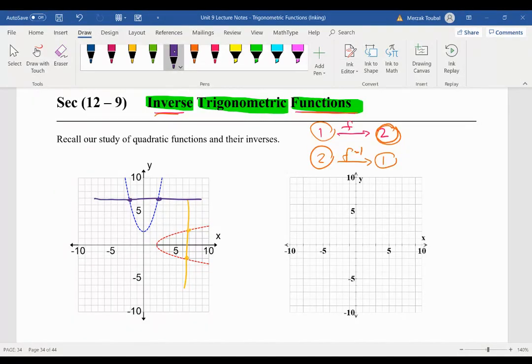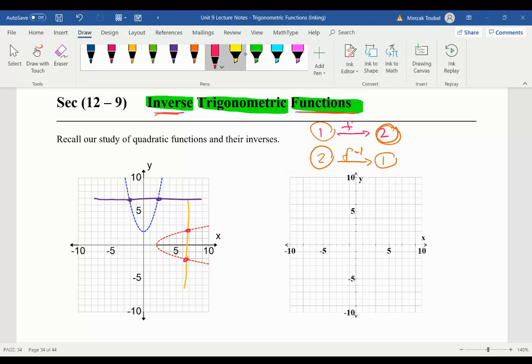So if the horizontal line intersects the original curve at more than one point, then the vertical line will intersect the inverse at more than one point. Therefore, if the horizontal line test fails, then the vertical line test fails. So without having the knowledge of the inverse curve, we can determine through the original curve if this function has an inverse function or an inverse relation.